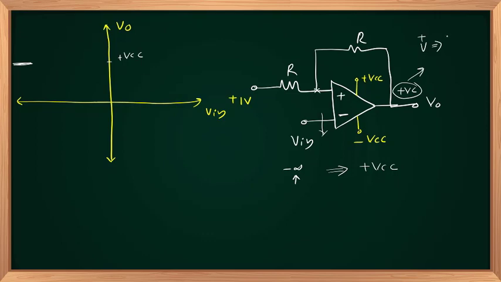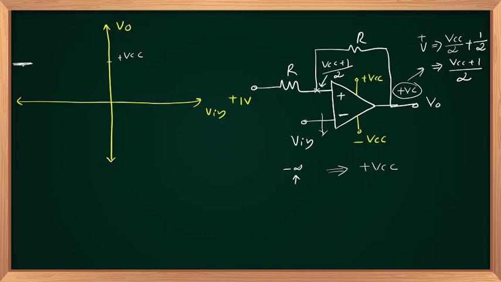So VCC by 2 plus 1 also divides equally between these two resistors. So V plus you can write as VCC plus 1 divided by 2, right? So the potential here is V plus equal to VCC plus 1 upon 2.